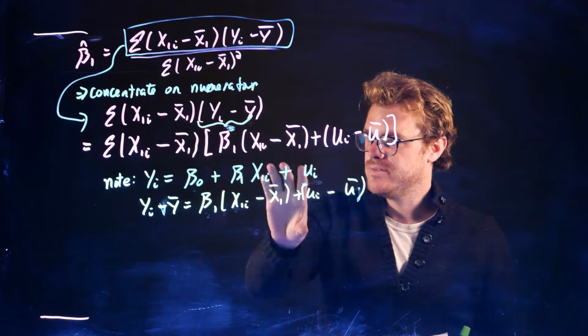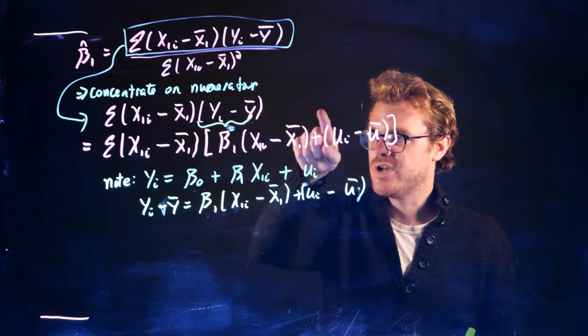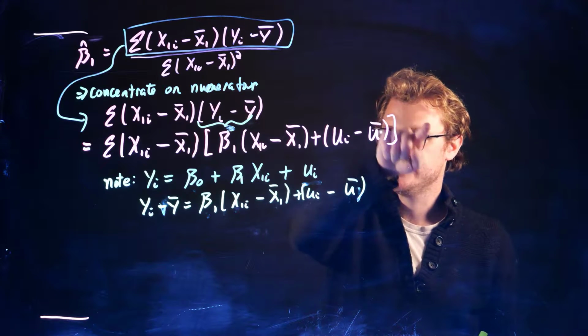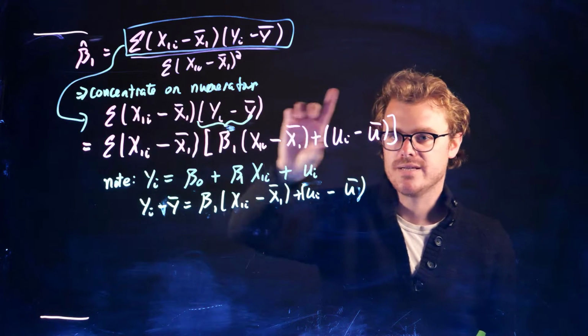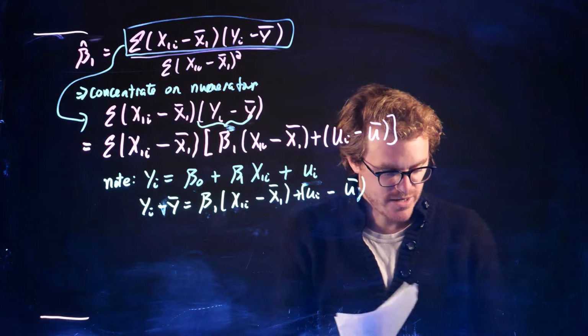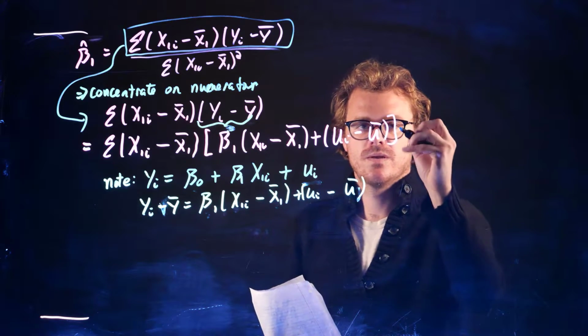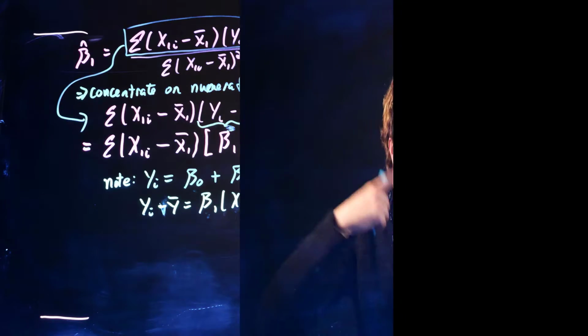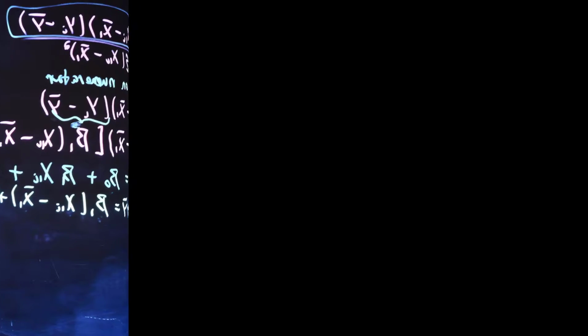Okay, so now hopefully this somewhat makes sense going from this step to this step, and we're going to start working with this expression in a second. So let's rewrite that expression that we just figured out.